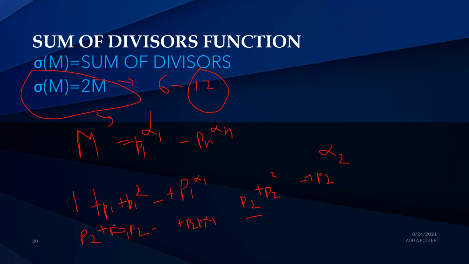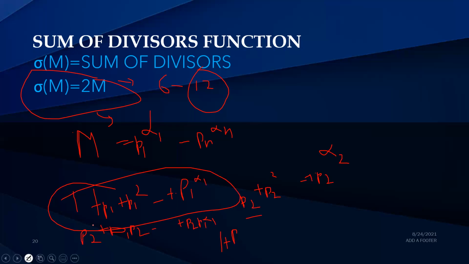So we are doing the sum of divisors basically. And we'll notice that if you take p2 common here, then you will have 1 plus, so I hope you got the pattern here, that they are multiplying p2 here in this term, p2 square, and that is also part of the divisors only.